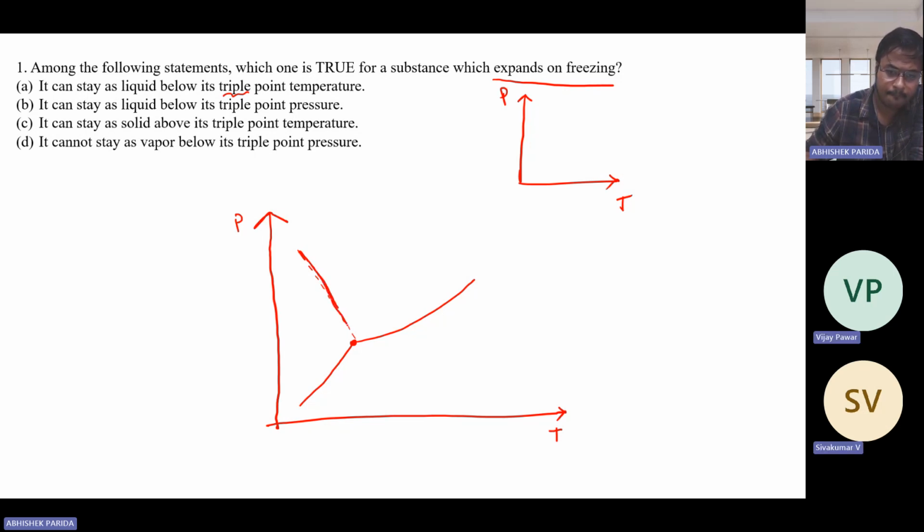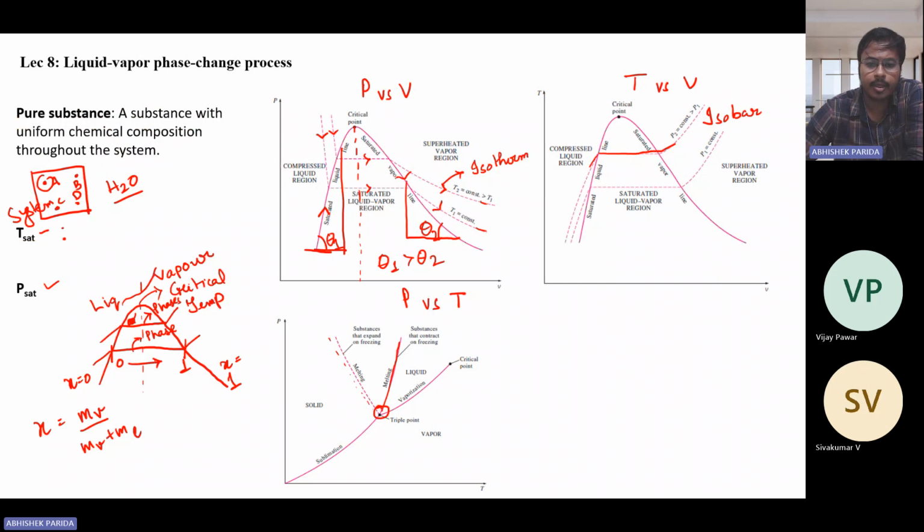Okay. This is solid, liquid, vapor. This is the triple point. This is how it looks. You can see this is the curve I am talking about.